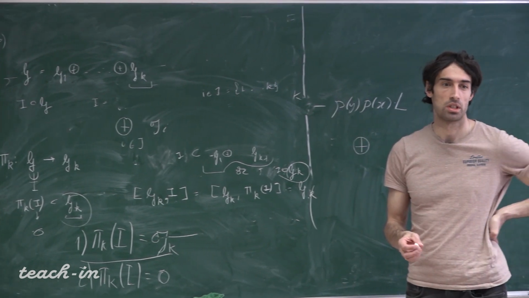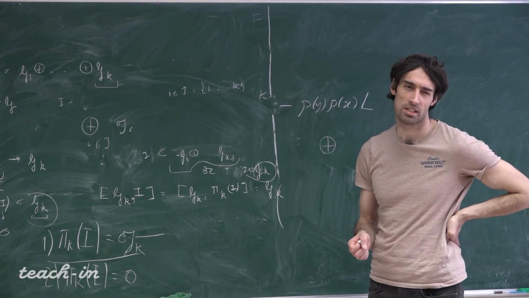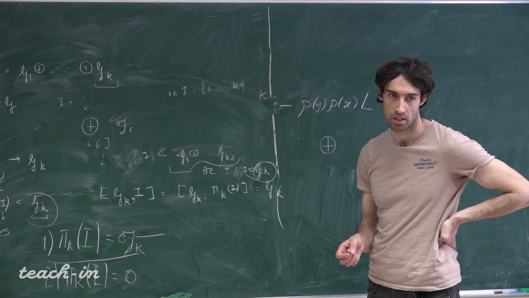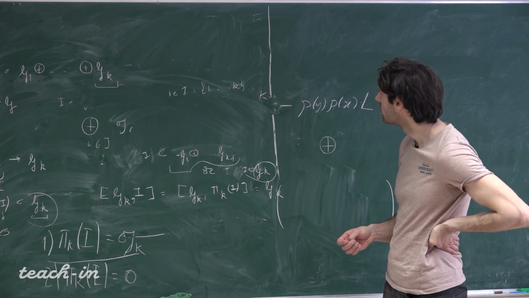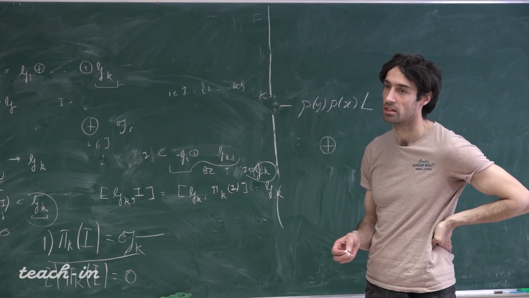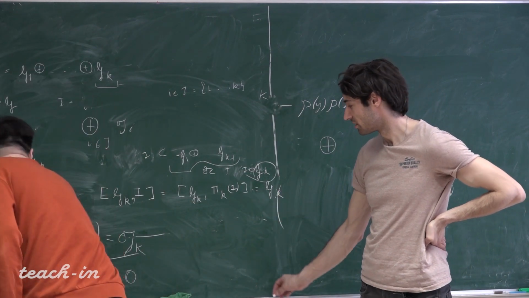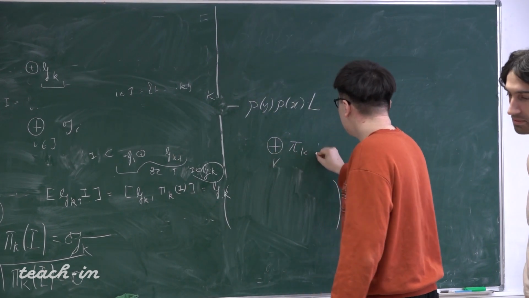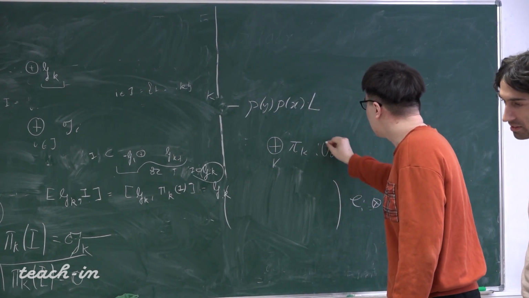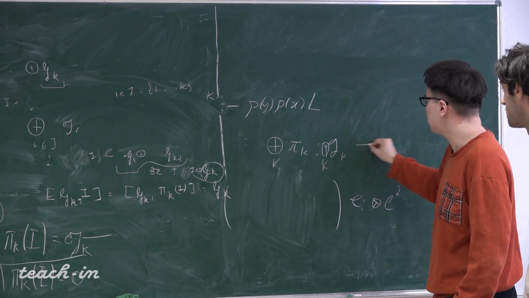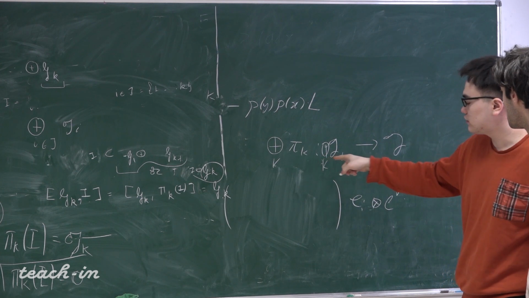What is the sum of pi K? Pi K is some map, right? Like a direct sum of the projections onto the subspaces? If we take the pointwise sum, then it's the identity.